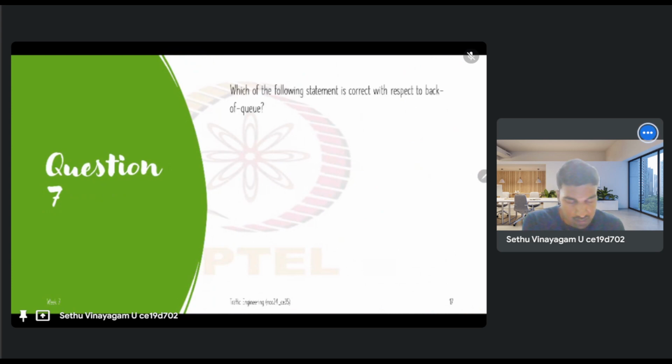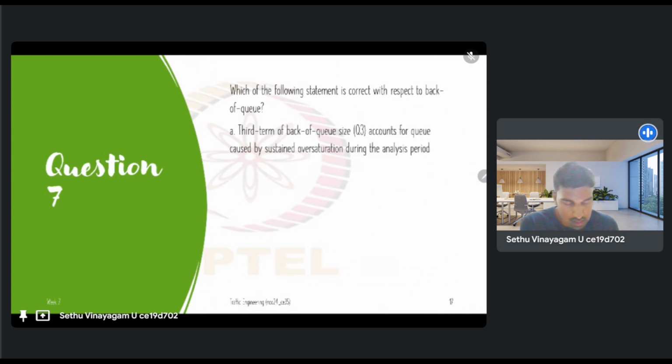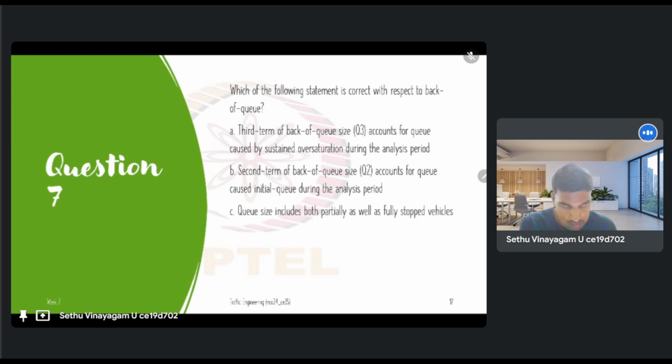Okay, question number 7: which of the following statements is correct with respect to back of Q? The options are: A, the third term of the back of Q size, Q3, accounts for Q caused by sustained oversaturation during the analysis period. B, the second term of back of Q size, Q2, accounts for Q caused by initial Q during the analysis period.